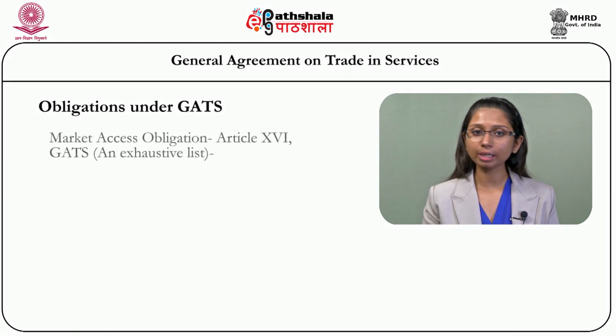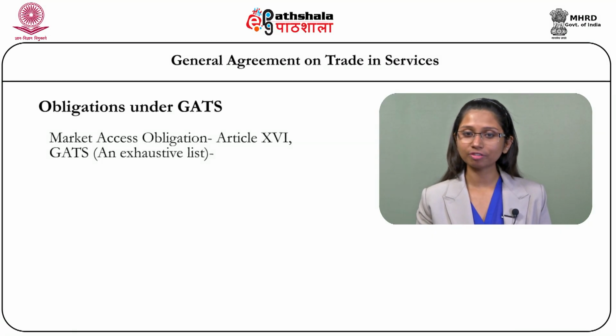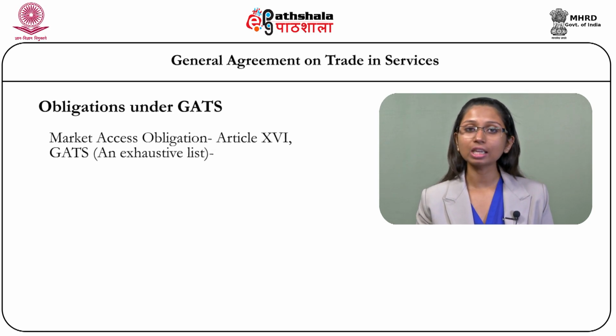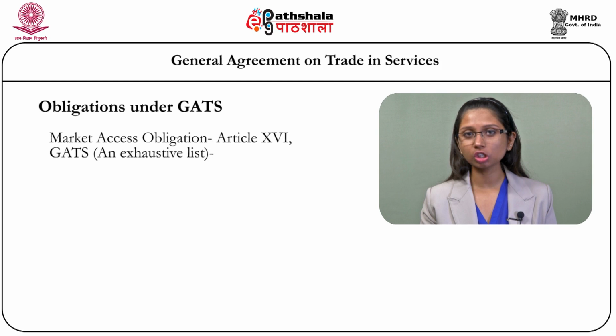First, we look into the market access obligation, which is defined in Article 16 of GATS. Article 16 of the GATS provides an exhaustive list of areas where market access obligations must be maintained by members and restrictions should not be imposed in that regard.